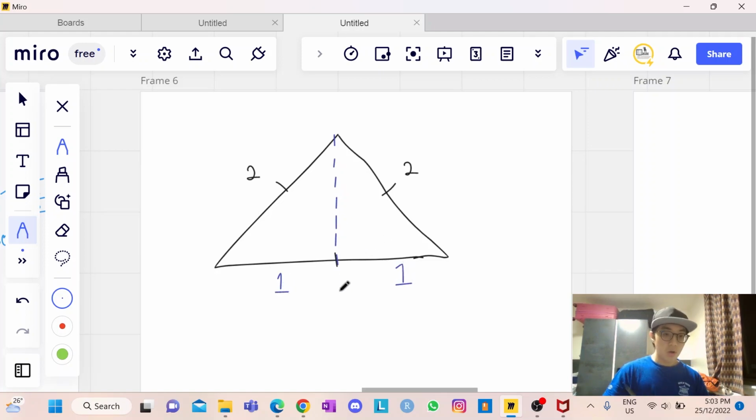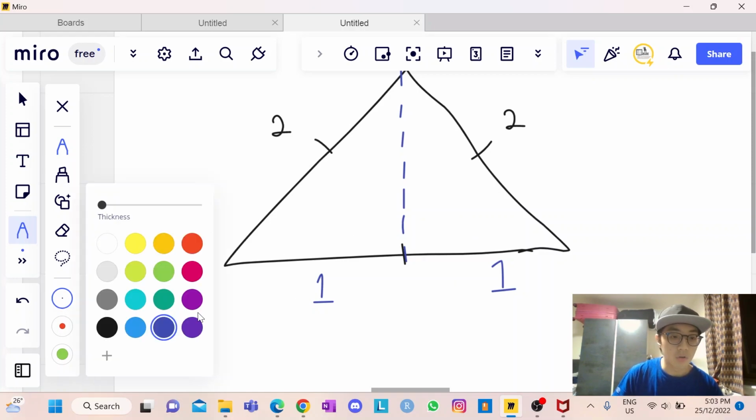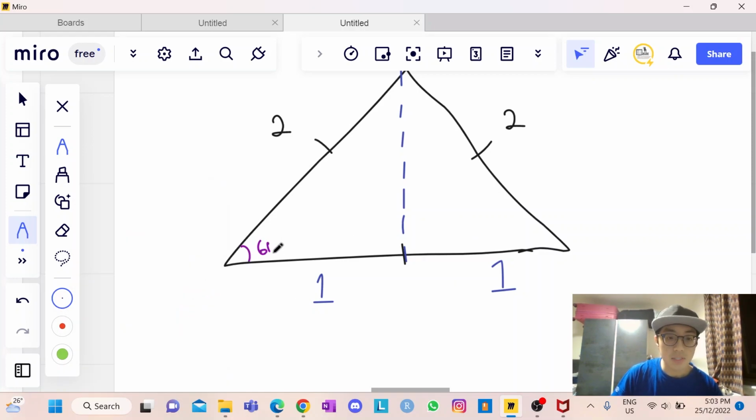We all know an equilateral triangle has the angle 60 at all sides. So this is going to be 60, this is going to be 60, and this is going to be 30.